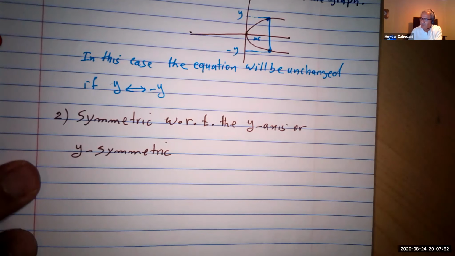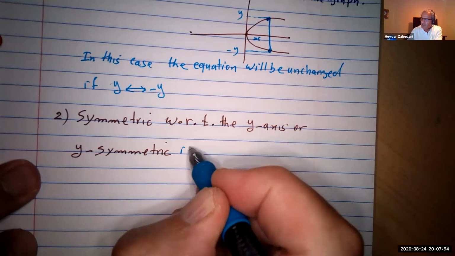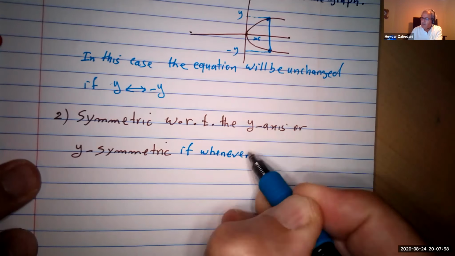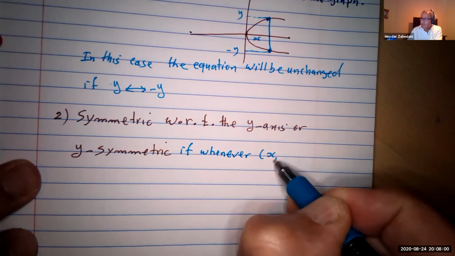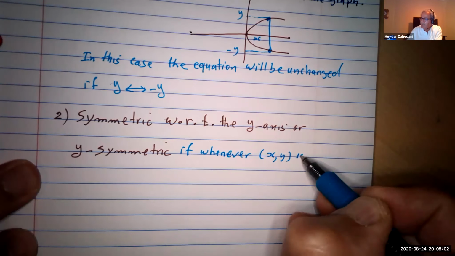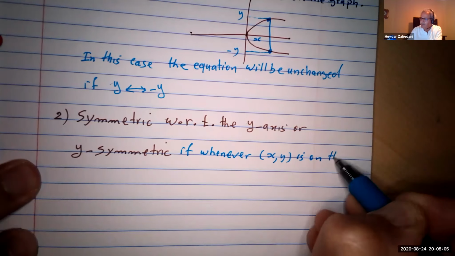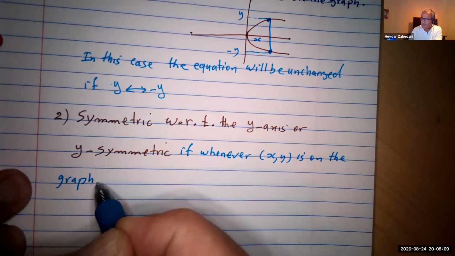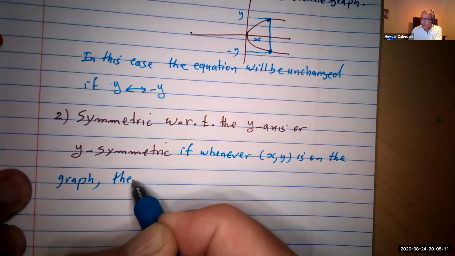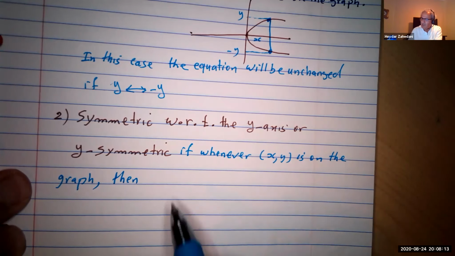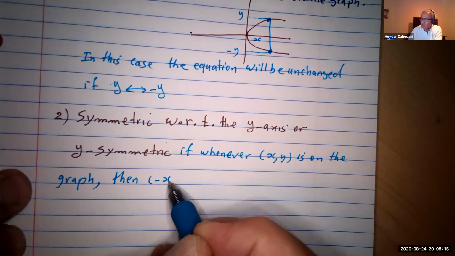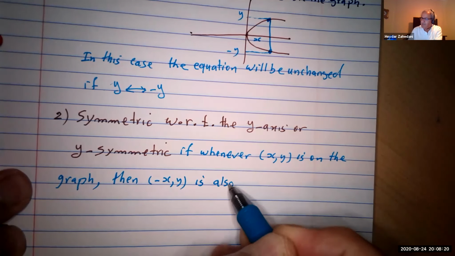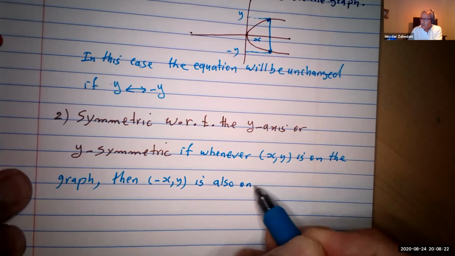This is going to be the case whenever x comma y is on the graph, then, you go to the right, to the left, negative x comma y is also on the graph of the equation.